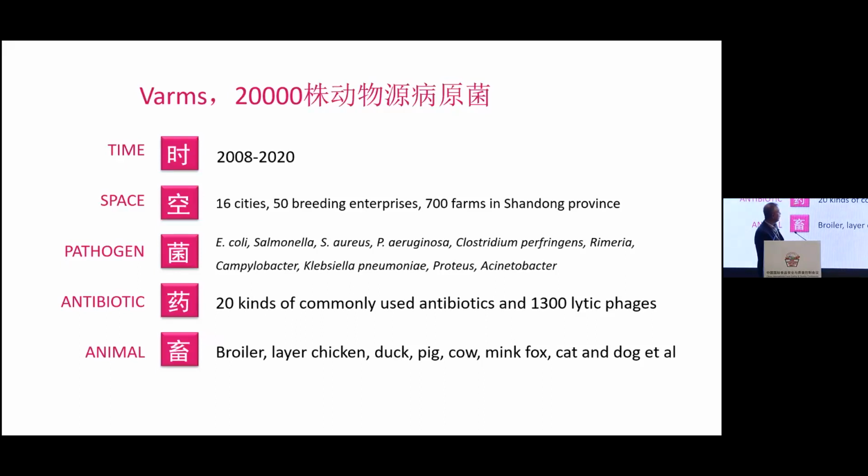Since 2008, in our VAMs, we've been operating for over 10 years, and we've accumulated 20,000 strains of bacteria originating from animals. This is more about broiler, layer chicken, duck, pig, cows, etc.